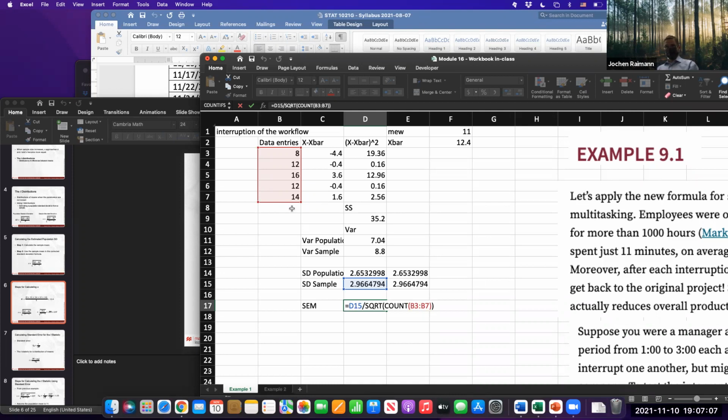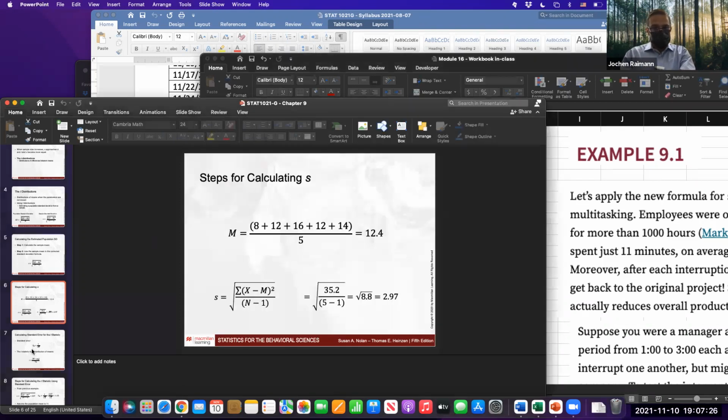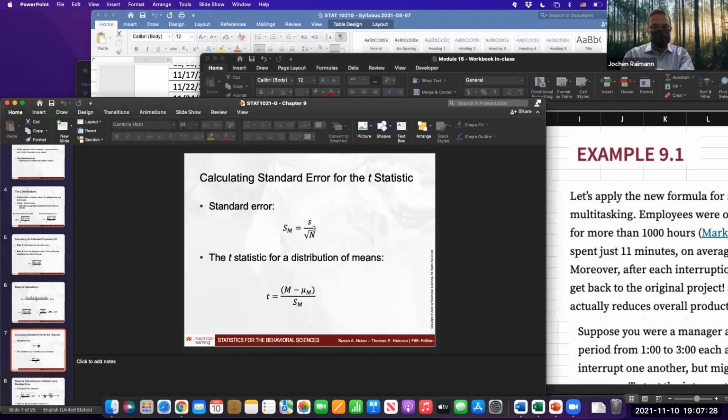It's 1.32, correct. 1.33, yeah, we're rounding up. Good. So this is now the standard error of the mean. Please, the standard error of the mean is always divided by the square root of the n. No n minus 1. That's just for the sample standard deviation.